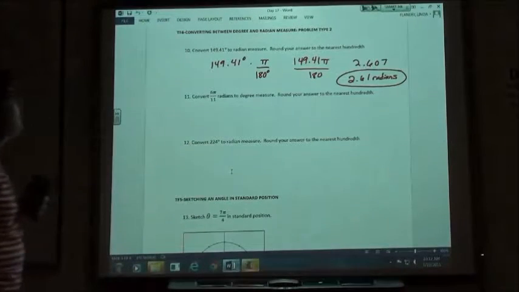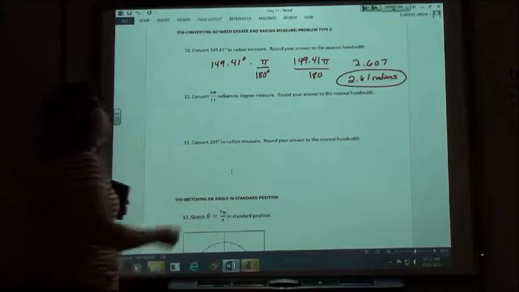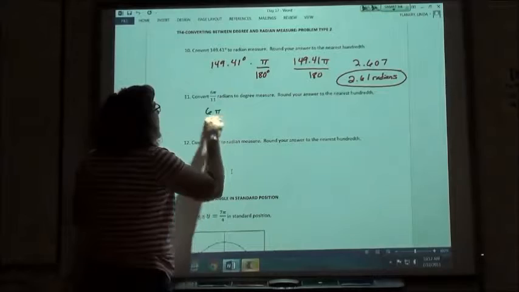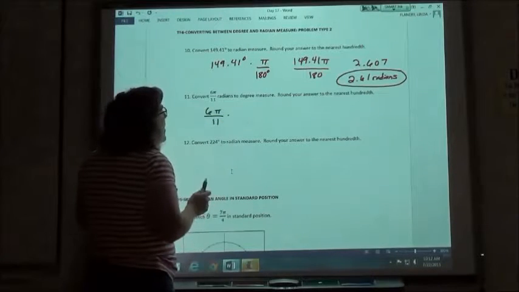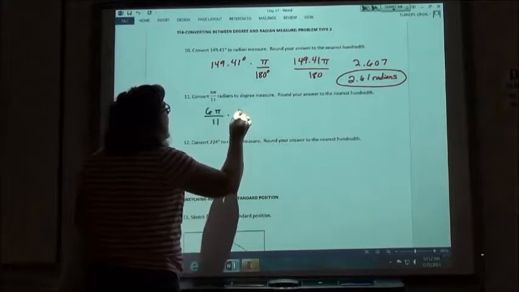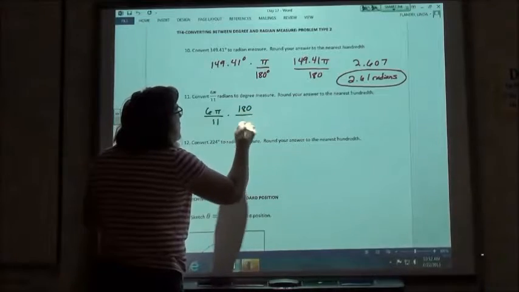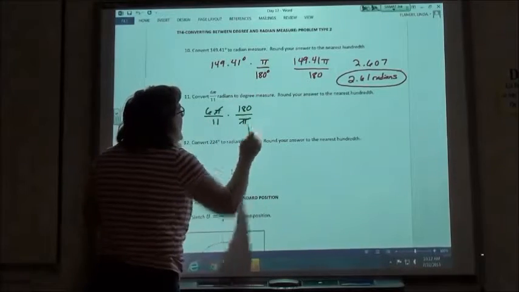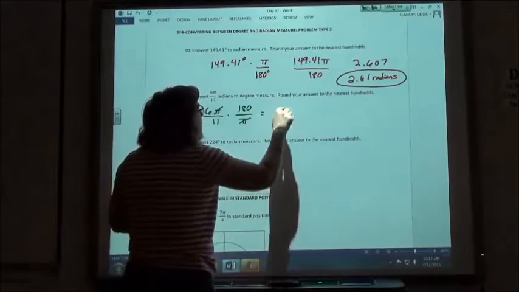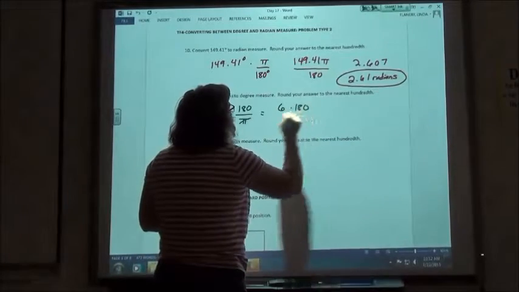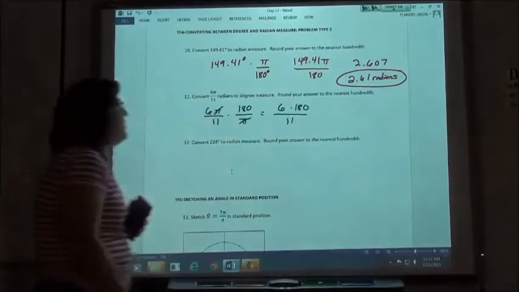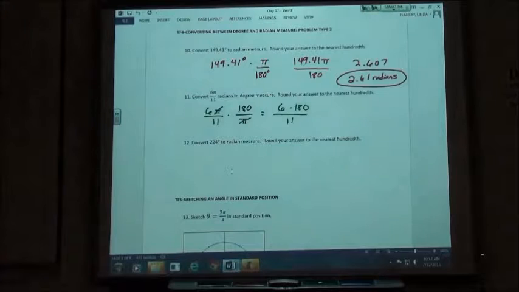Number 11, same kind of thing. I'm going to go from radians to degrees. So I have 6 pi over 11, and I am going to multiply it by 180 over pi so that the pi can cancel out. So I'm going to have 6 times 180 divided by 11, and that's what I'm going to punch into my calculator.